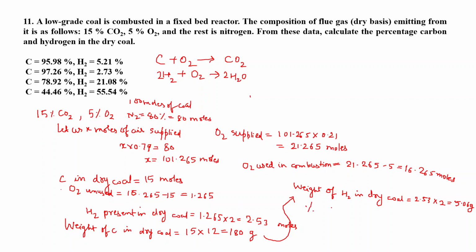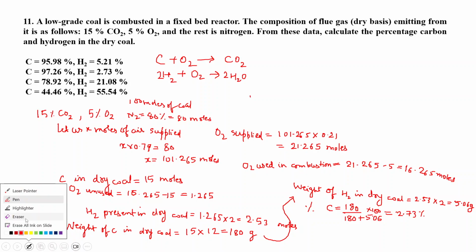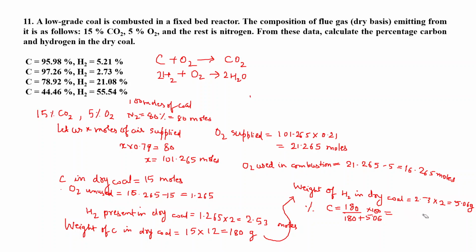So the percentage of carbon will be 180 upon the total of dry coal, that is 180 plus 5.06, which will give 97.26 percent.